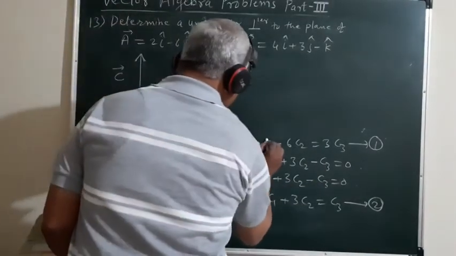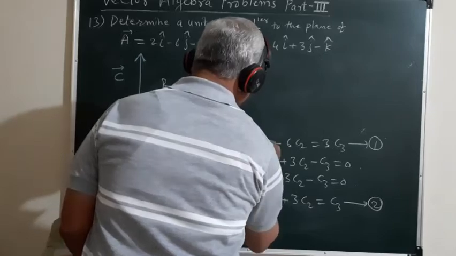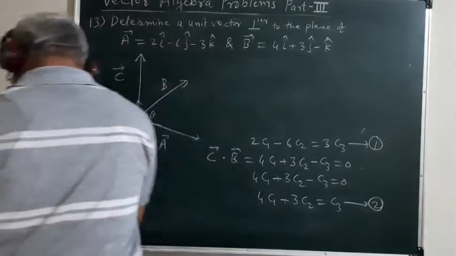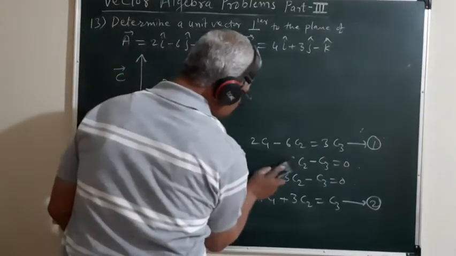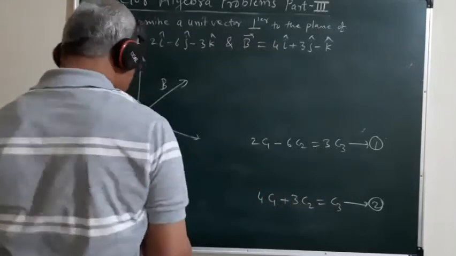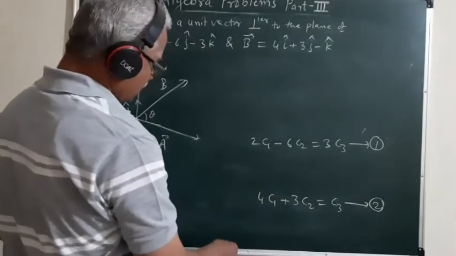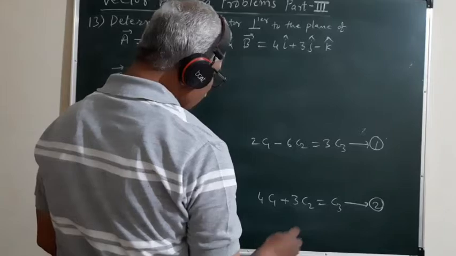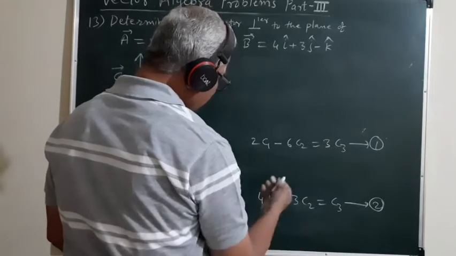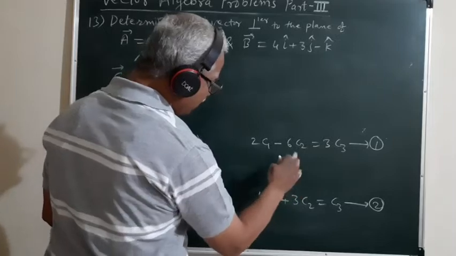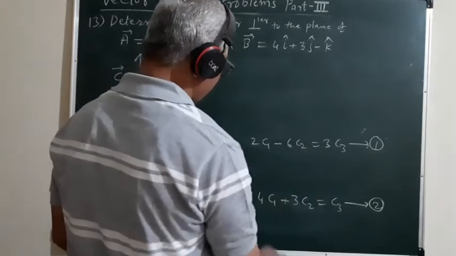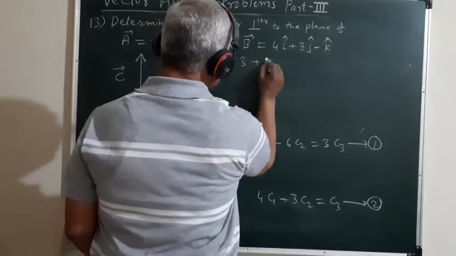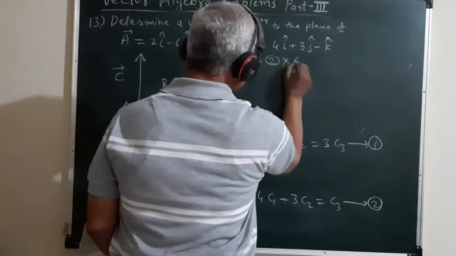In order to obtain the value of C1 in terms of C3, we have these two equations, and we have to eliminate C2 from them. To eliminate C2, we multiply equation 1 by 3 and equation 2 by 6 and take the addition. So equation 1 multiplied by 3 plus equation 2 multiplied by 6.